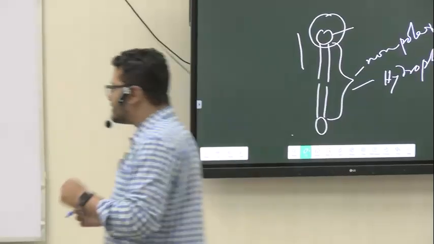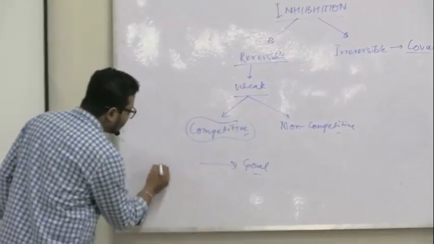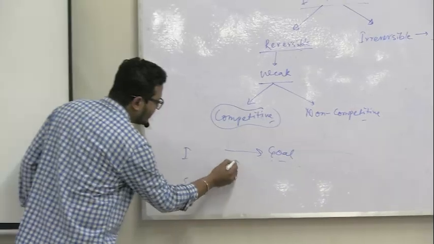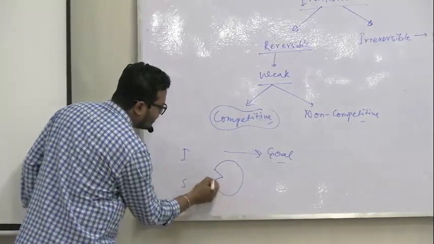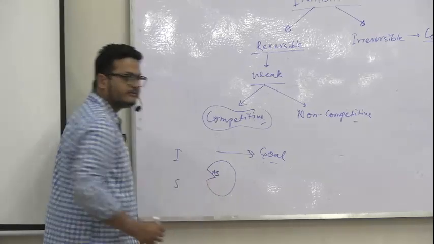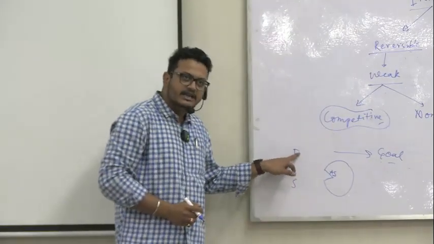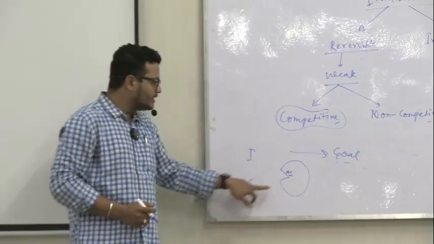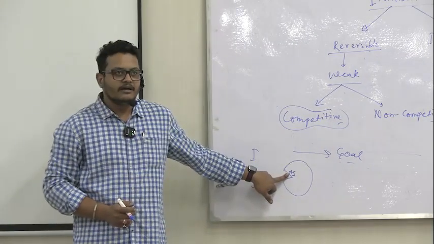In this case of competitive inhibition, the inhibitor and the substrate are moving towards a goal, and the goal is nothing but the active site. That means the inhibitor and the substrate both are going to bind to the active site. Yes or no? Okay.